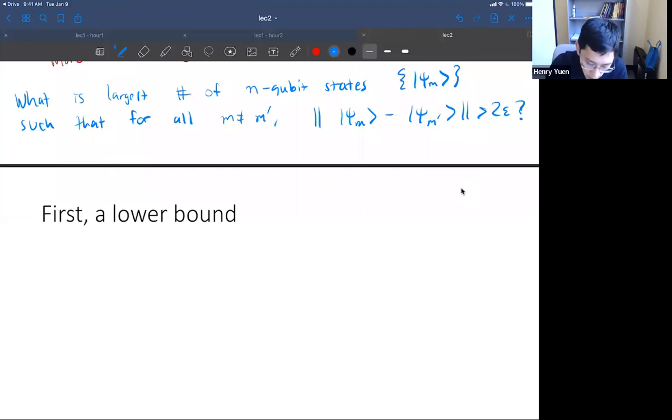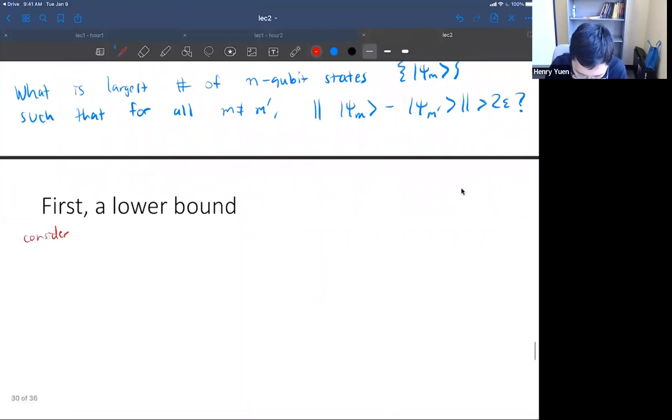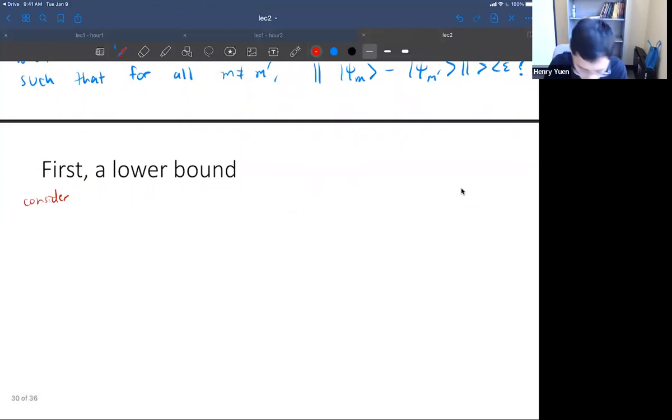So let's draw the following picture. I'm going to write a little smaller because I think I'm running out of slides. Consider the space of n-qubit states. I'm going to give this a name. This is just S of C2 tensor n.